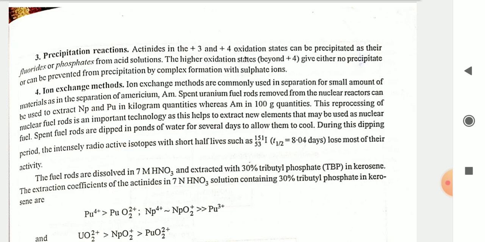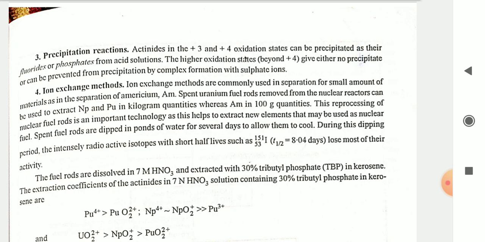Spent fuel rods are dipped in ponds of water for several days to allow them to cool. During this period, the intensely radioactive isotopes with short half-lives, such as I-131 (half-life 8.04 days), lose most of their radioactivity.